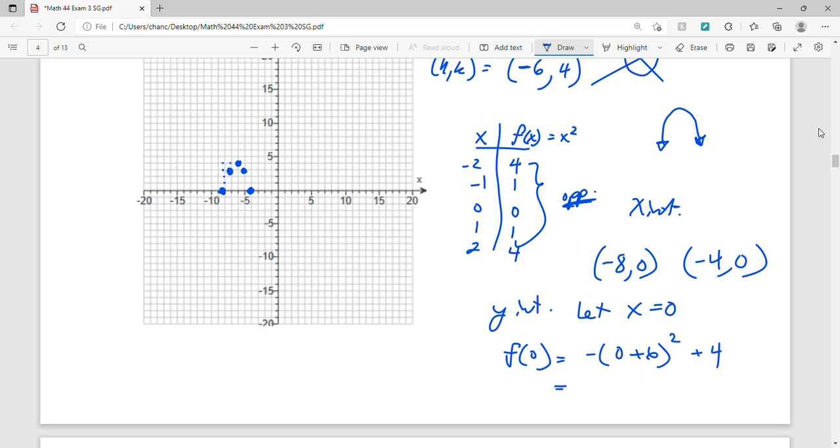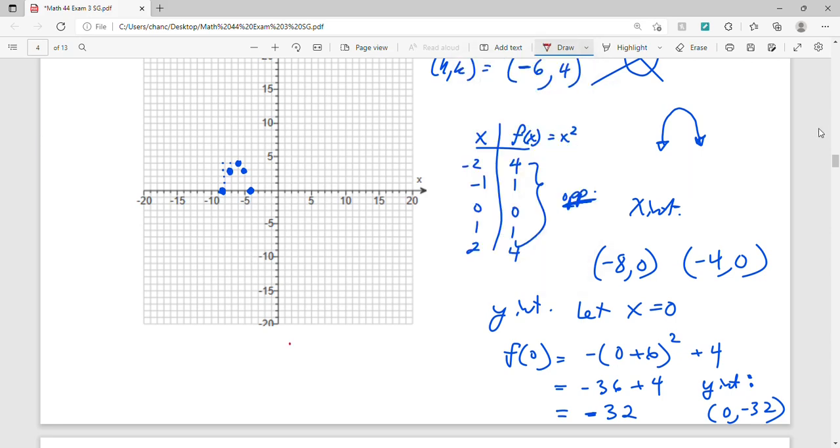This simplifies to negative 36 plus 4, or negative 32. What does that mean? That means our y-intercept is the ordered pair 0, negative 32. And unfortunately on this graph we cannot plot 0, negative 32, but it still gives us a general idea of our graph.